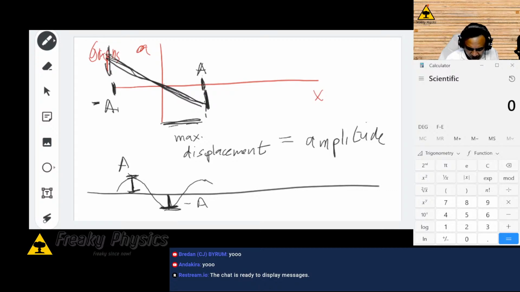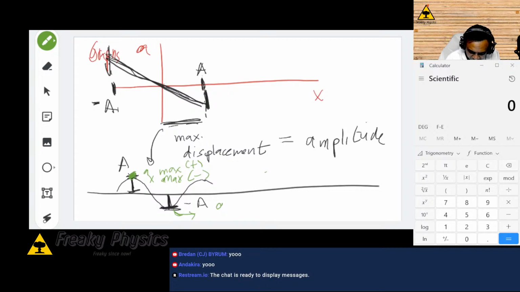However, let's look into this now. So that's your maximum amplitude. So A is max, right? So that means x here is also max, but negative. This is a positive max, right? At this point, what do we have?